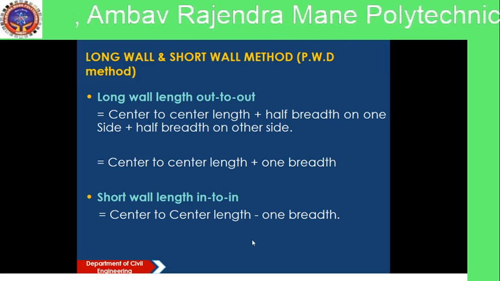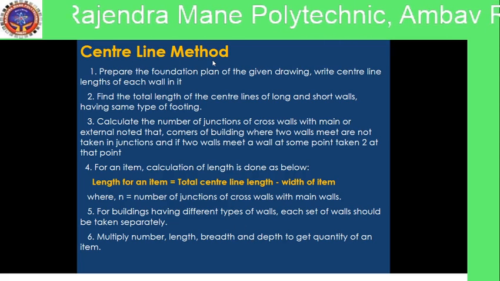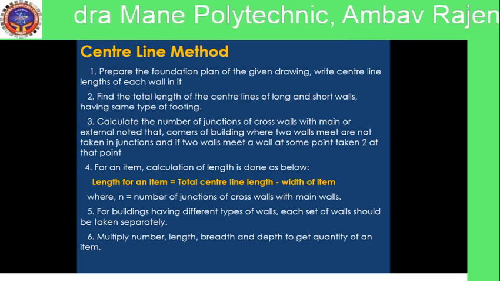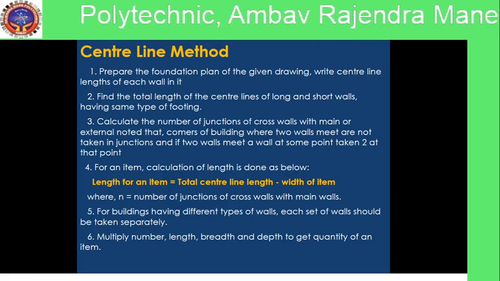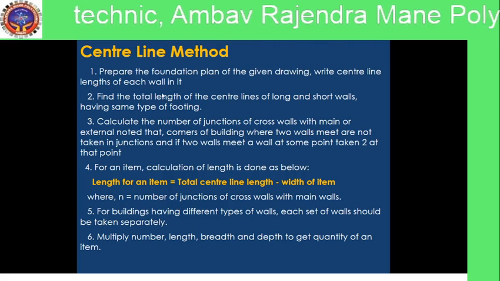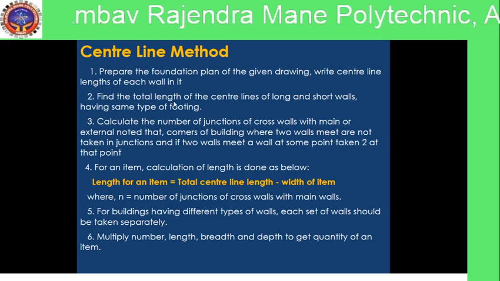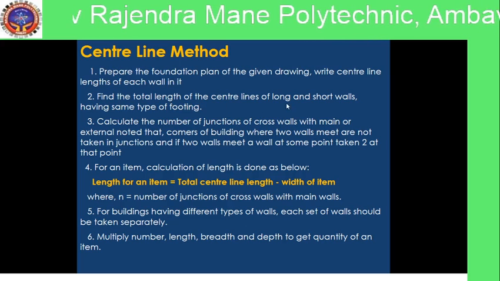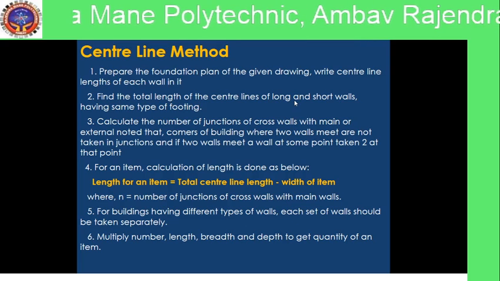Okay, the second method is the center line method. In this method we prepare a foundation plan of the given drawing and write the center line lengths of each wall in it. Find the total length of the center lines of the long walls and short walls having the same type of footings.